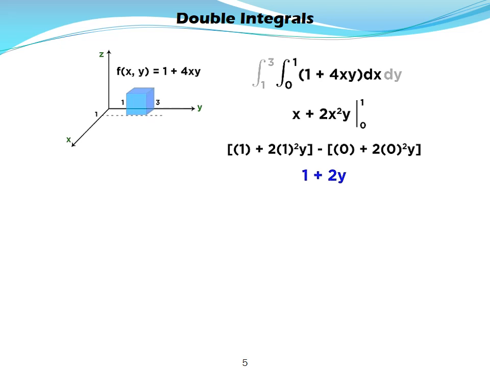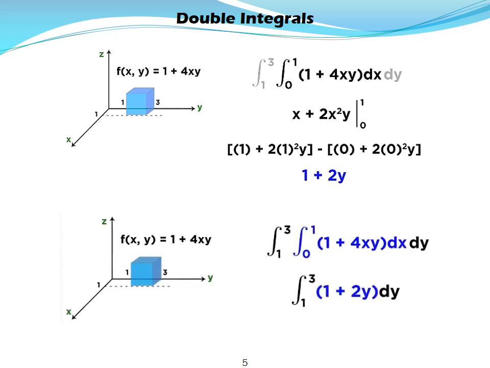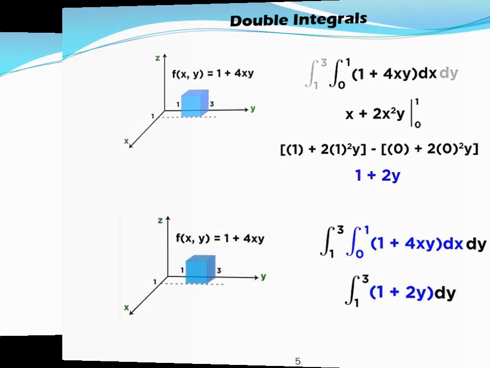Simply we can find the integration with respect to x, becoming x plus 2x square y, and we substitute the boundary limits 0 to 1, to become 1 plus 2y. We continue to find the outside integration, the integral from 1 to 3 of 1 plus 2y dy.